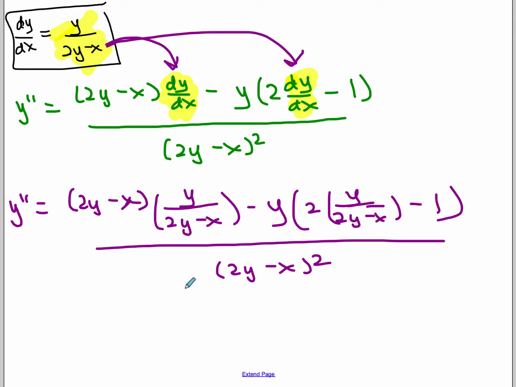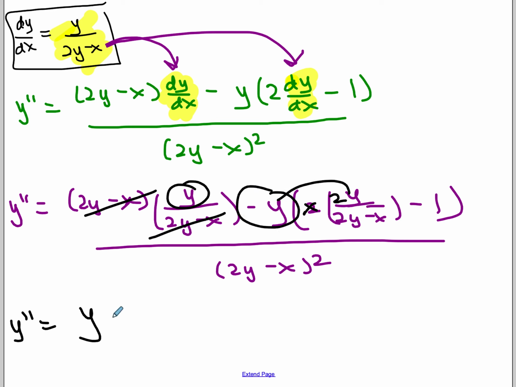Now from here I would look for things to simplify. Thankfully those two things cancel, so that's super nice. Otherwise over here I would distribute my negative y. It's not looking like it's going to simplify super nice, but let's just see what we have. We got y double prime equals, I have y here. Now I'm going to distribute my negative y, okay? And this 2 really belongs with this y, so I'm going to write this as 2y right there.